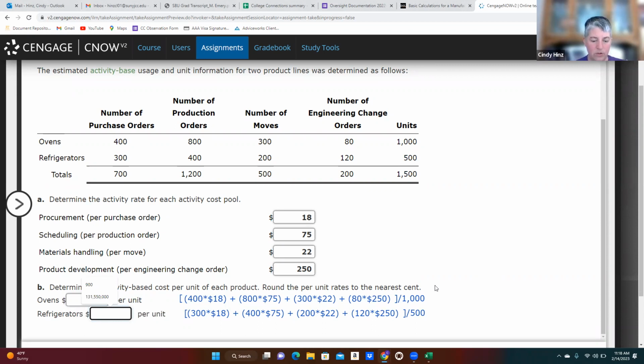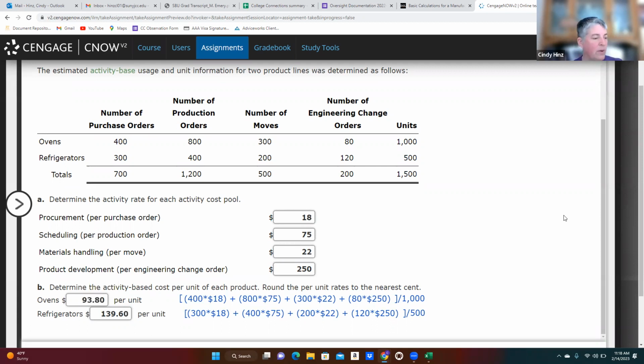And for refrigerators, I got, using my numbers, a total of $69,800 divided by 500 units, or $139.60 for activities for refrigerators.